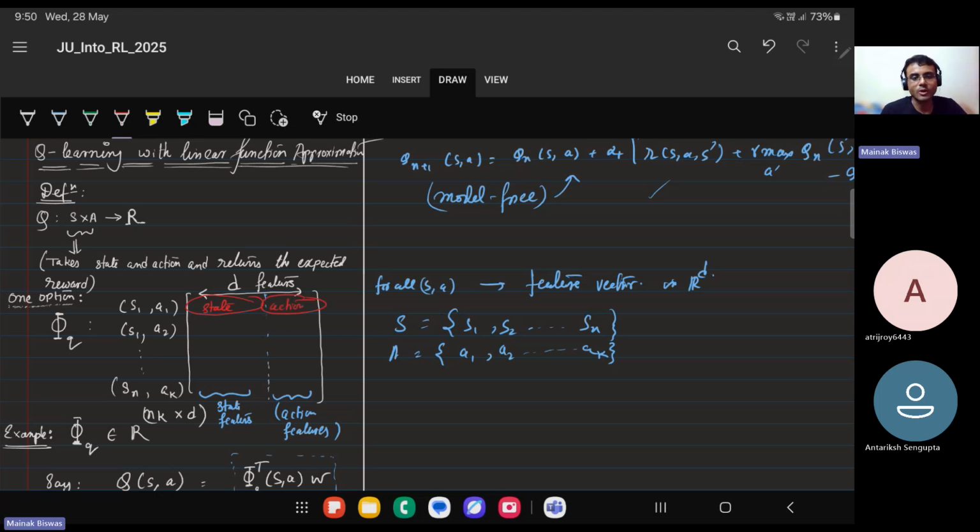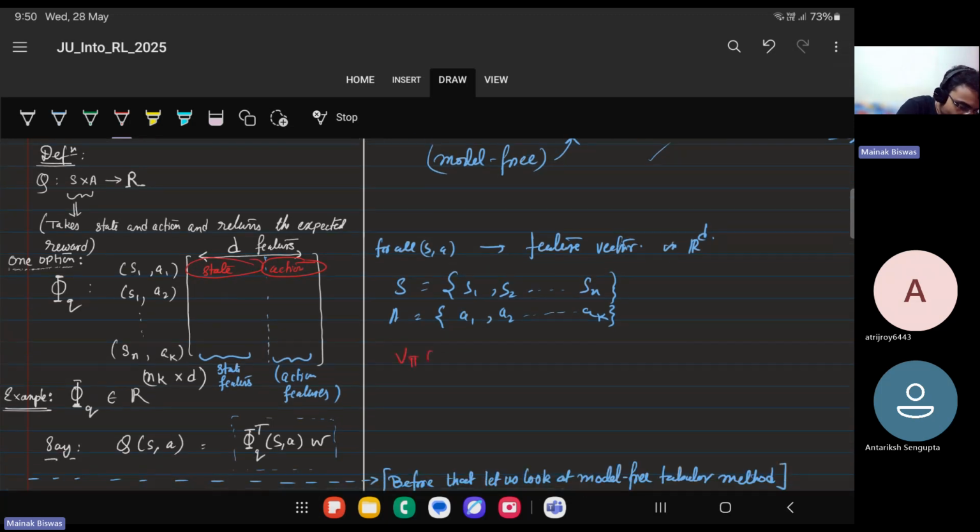The major talking point here is, as we have done before with the value function V pi of s, what did we write? Yes or no? This is what we wrote.